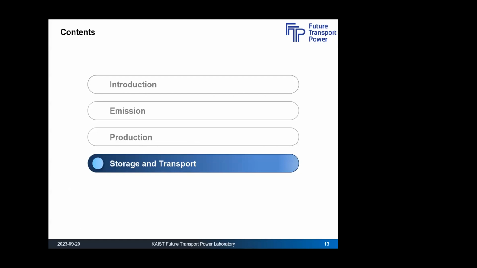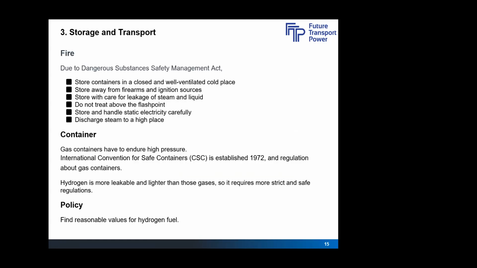And the next one is the policy for storage and transport. There are a couple of things to consider about storage when it comes to hydrogen. If you learned about hydrogen in science, I think you pretty much know about the flammability of hydrogen.